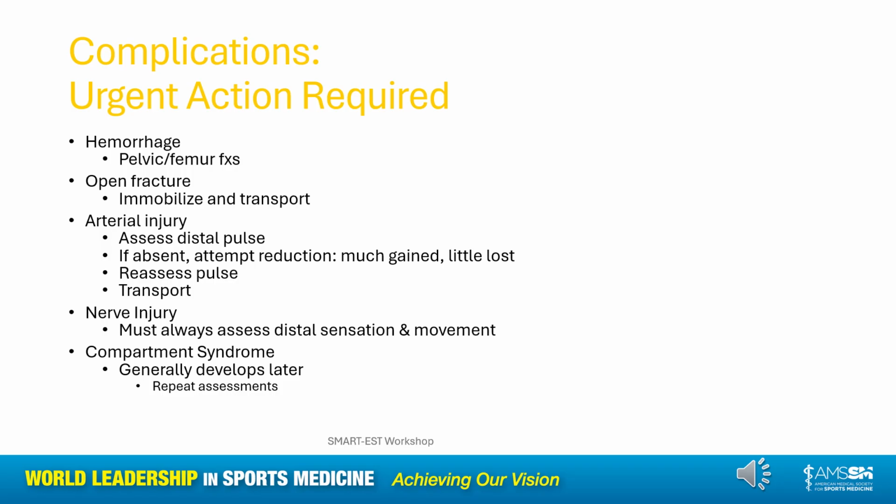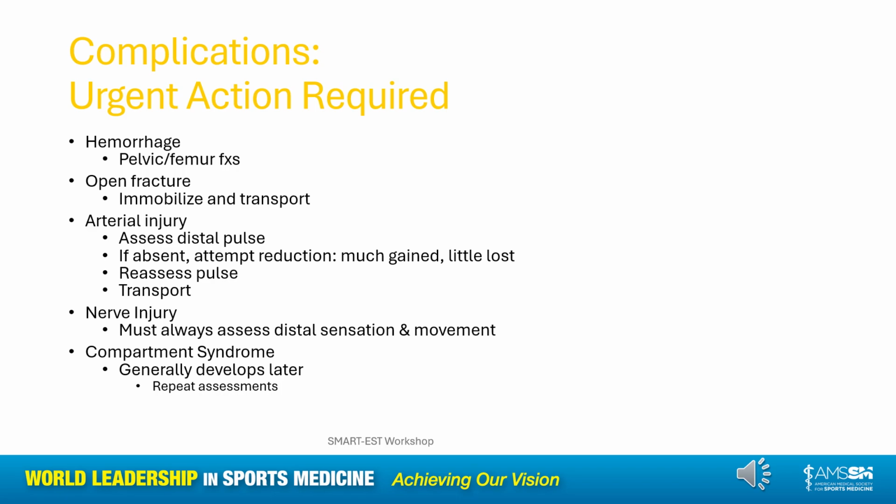Patients with arterial injuries, it's important that we assess distal pulse. If that's absent, we must attempt dislocation. There is much to be gained by attempting a reduction and little to be lost.